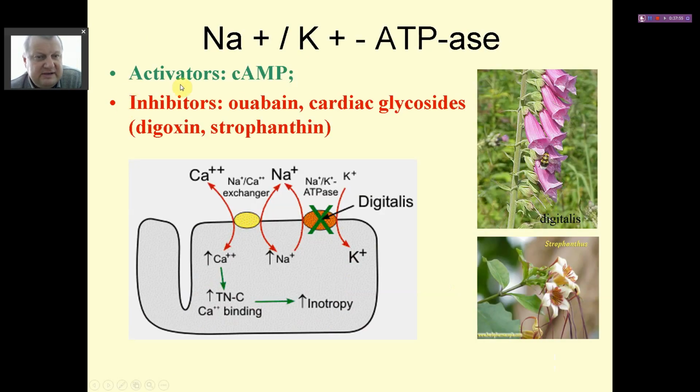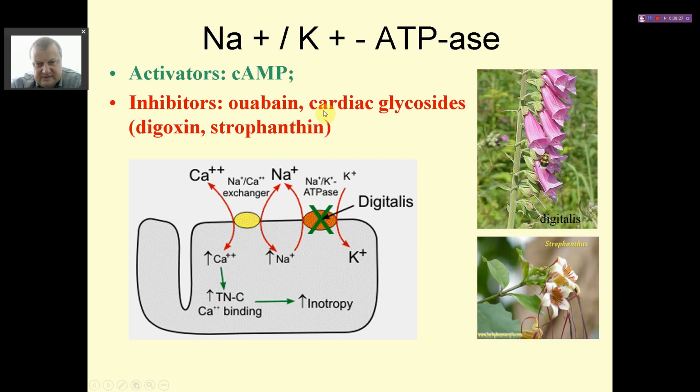And activators of this enzyme is the cAMP. And also it could be found that we could inhibit the work of this enzyme. Among the inhibitors are the specific compounds ouabain and also cardiac glycosides. The names, for example, digoxin and strophanthin.